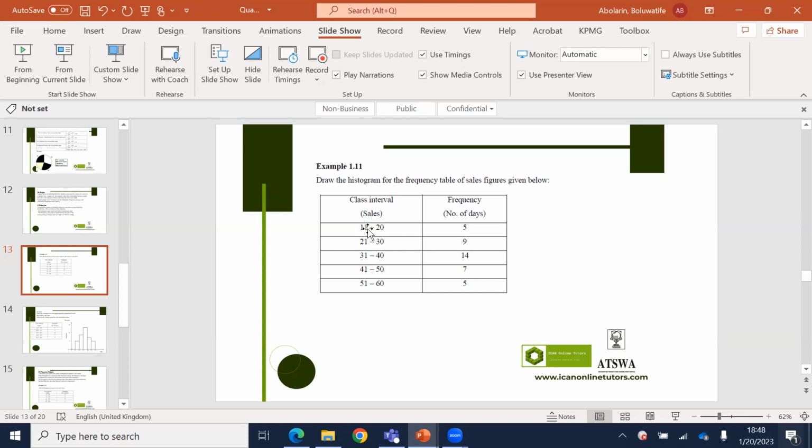What is the lower class of 11 and the upper class of 20?